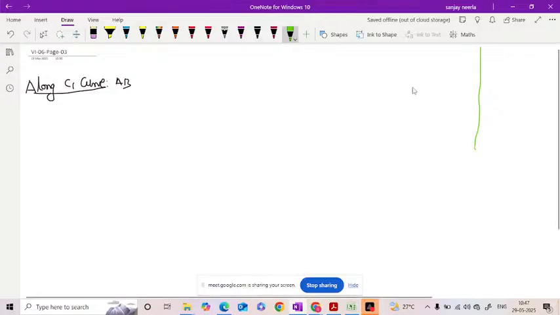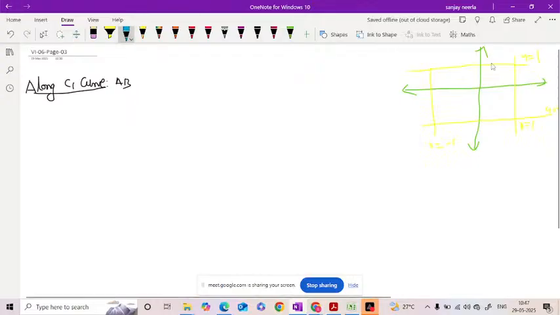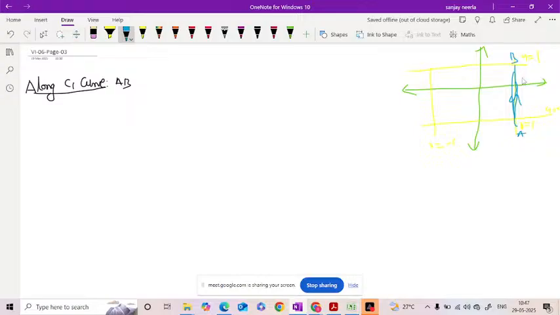So y-axis, x-axis, and this is the x is equal to 1 line, and this one is the x is equal to minus 1 line. This one is the y is equal to 1 line, and this is the y is equal to minus 1 line. Now we are here. So it is the AB and C1. Now along this one, what is the x value? So x is fixed, x is equal to 1, and y is running from minus 1 to plus 1.